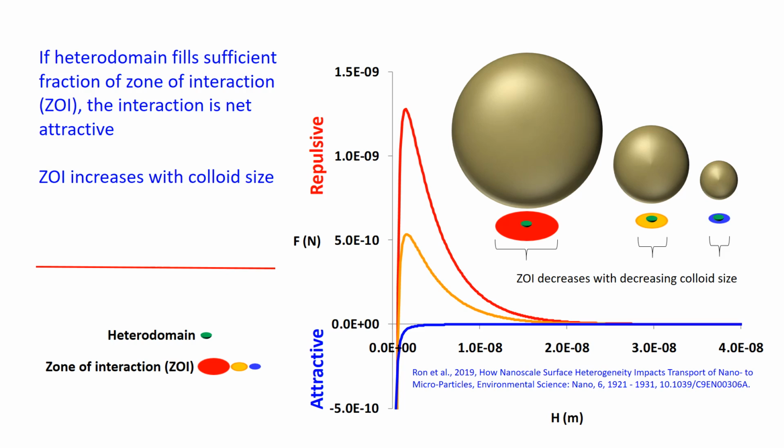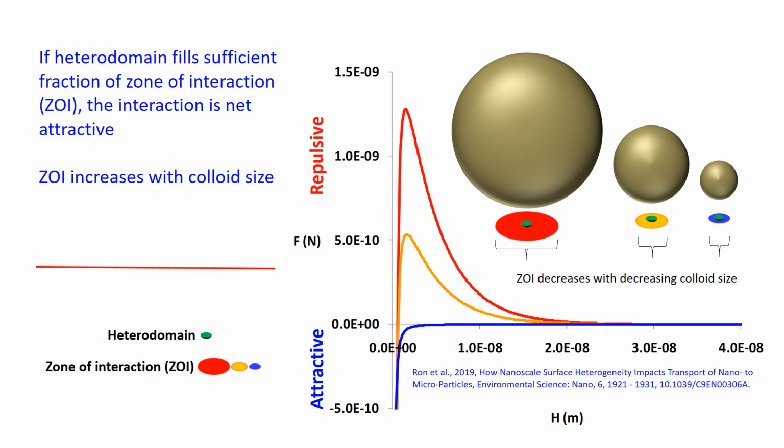And so we can recognize that the zone of interaction scales with increasing colloid size, that is, with the increasing radius of curvature. And so, as schematicized in the red, yellow, and blue, we have different zone of interaction sizes for different size colloids. And the green is a heterodomain, a zone of local attractive charge.